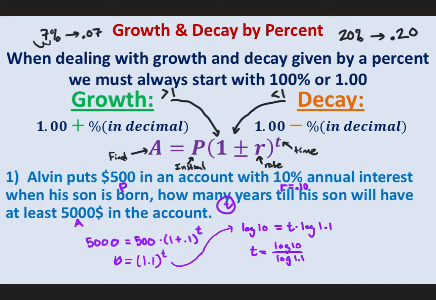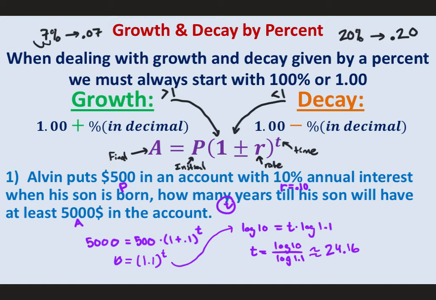Now, this is my calculator ready form. So I'll go ahead and enter log of 10 divided by log of 1.1. And I get a decimal approximation of approximately 24.16.